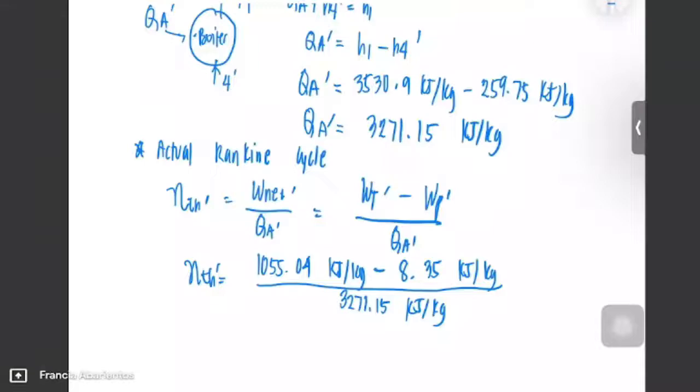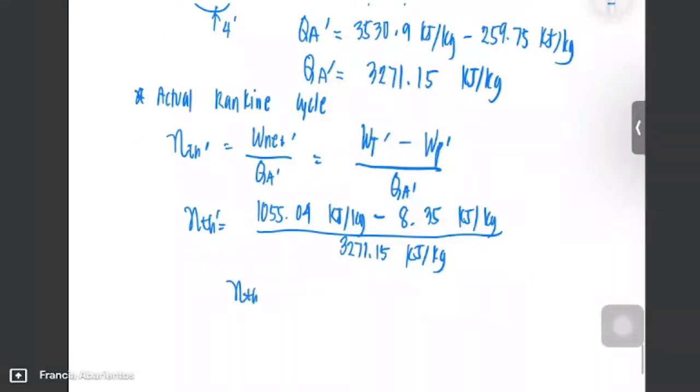So we have now the actual thermal efficiency. Given the different pump efficiencies, we can now compute for the cycle efficiency.